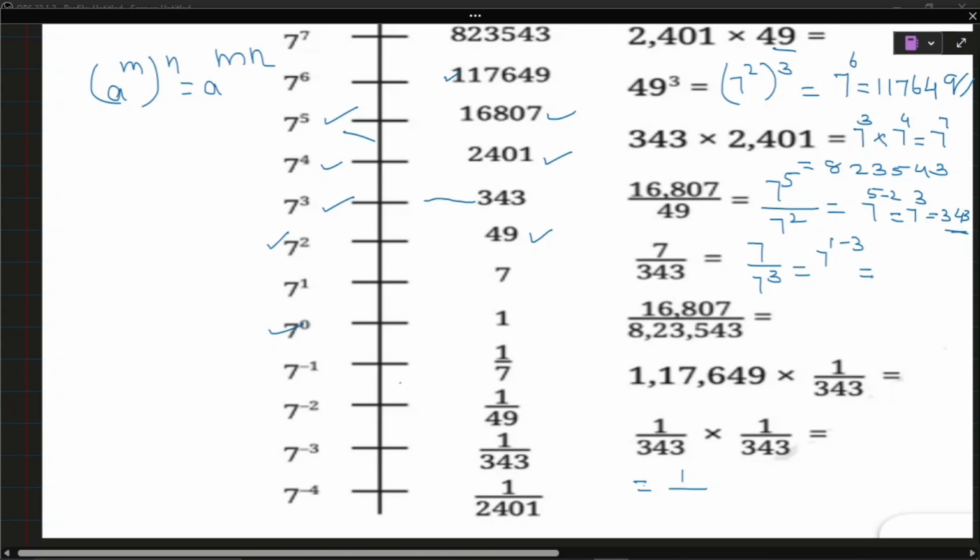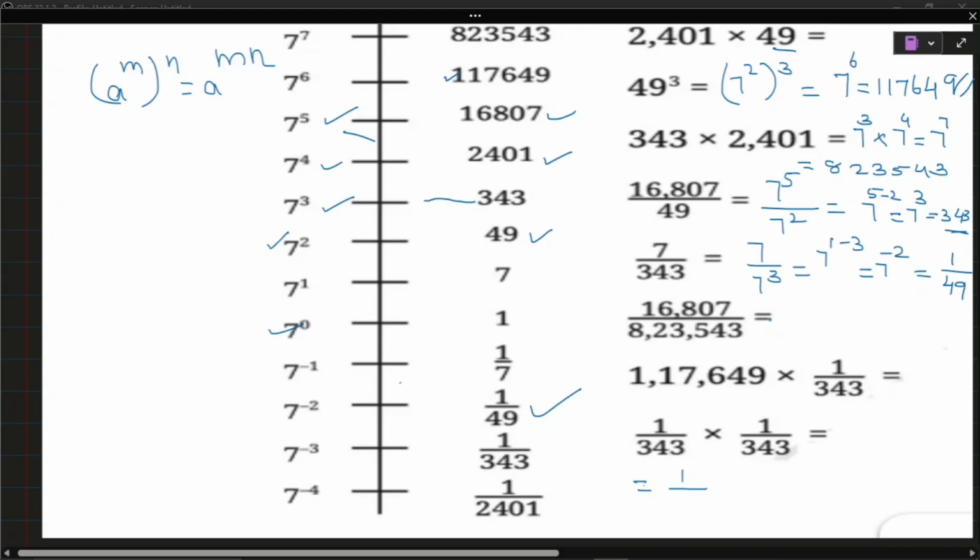So this becomes 7 raised to minus 2. 1 minus 3 is minus 2, because we are subtracting a bigger number from a smaller number. And 7 raised to minus 2 is also in the table, that value is given as 1 by 49.